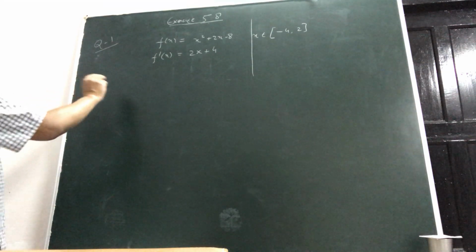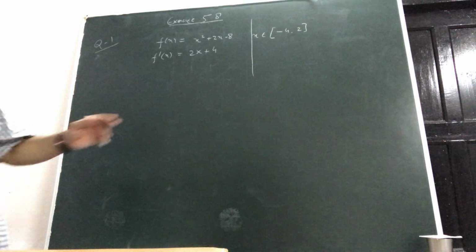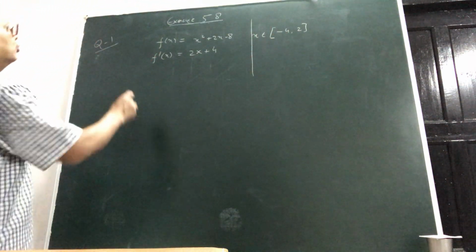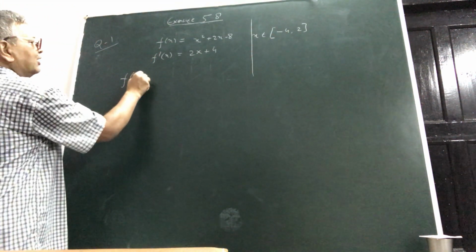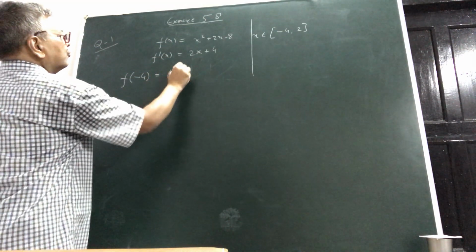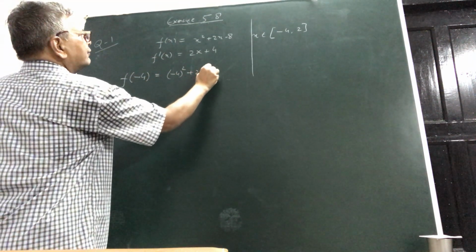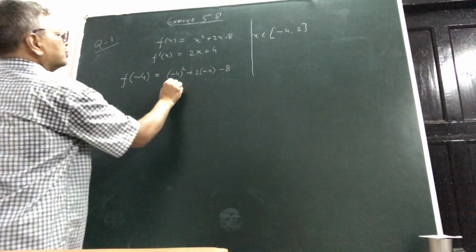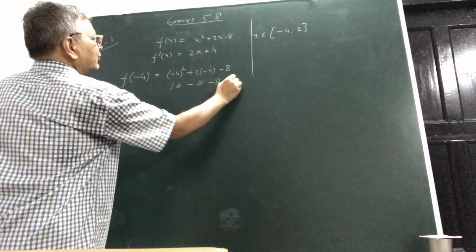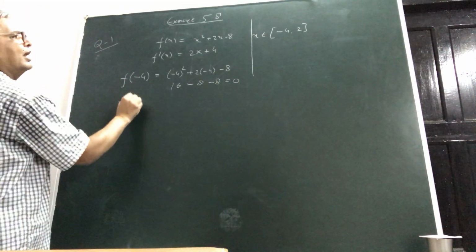Now the third condition requires that the values at minus 4 and 2 should be equal. So let us calculate the value at minus 4. It will be minus 4 whole square plus 2 into minus 4 minus 8, so it will be 16 minus 8 minus 8. The value turns out to be 0. Let us calculate the value at 2.